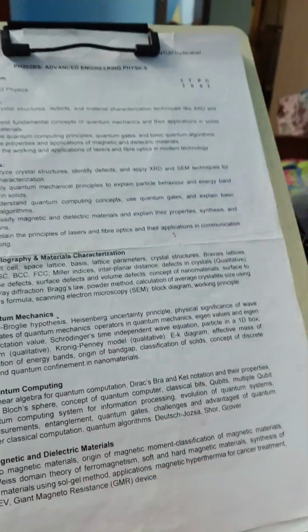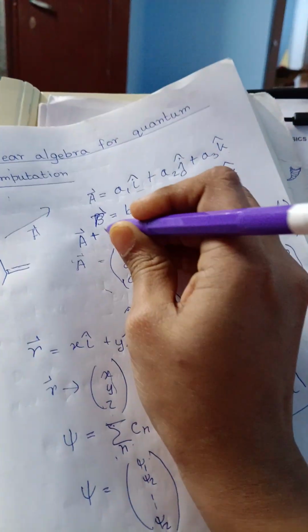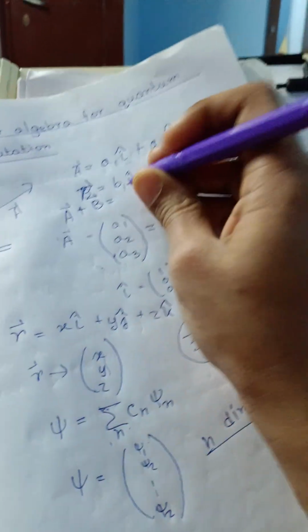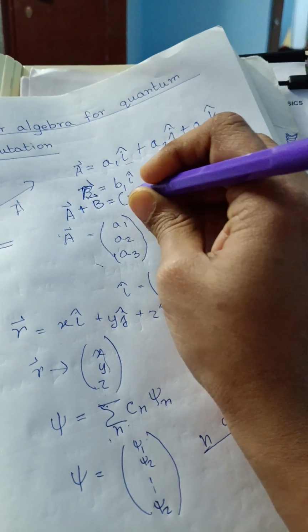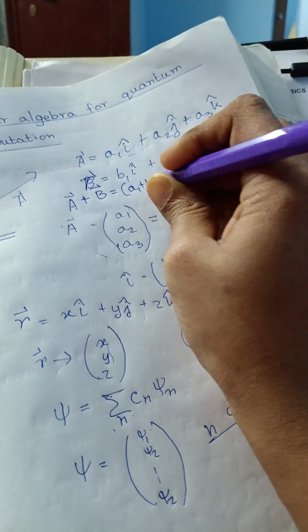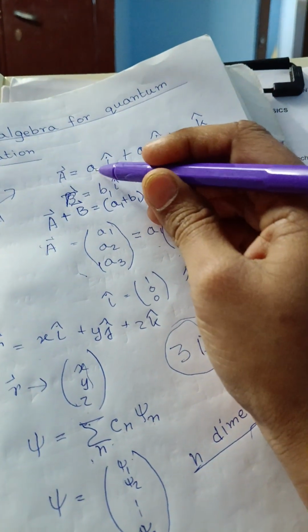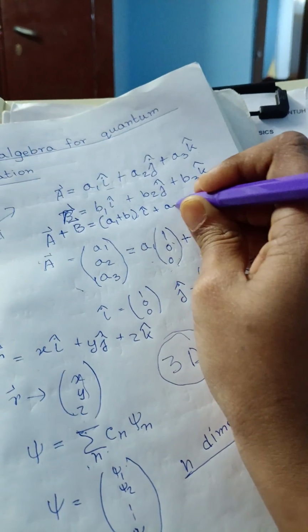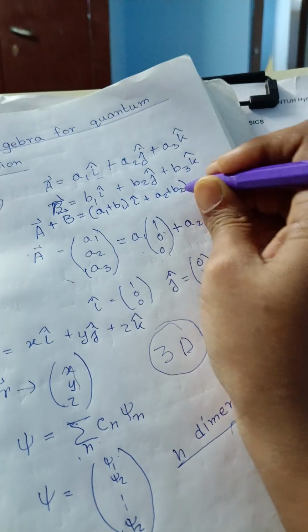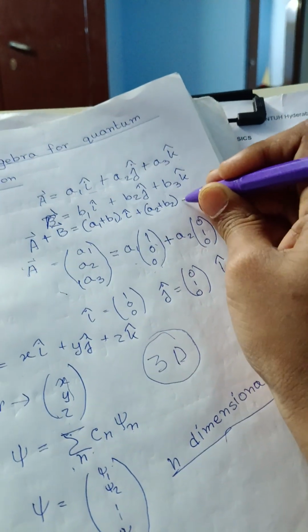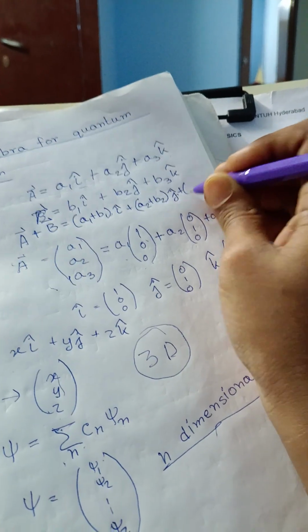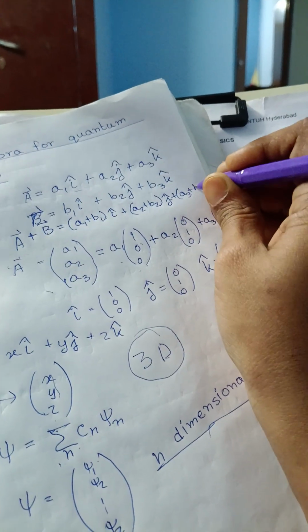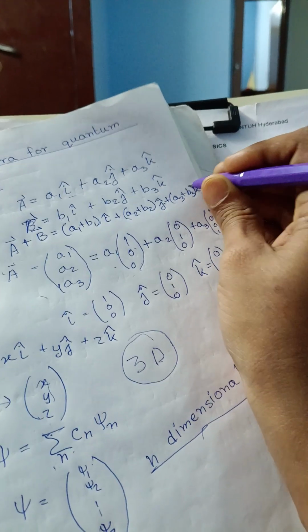So if we add a vector and b vector, what will be the result? What will be a vector plus b vector? You already know this, I think, vector addition you all know. A vector plus b vector will be (a1 plus b1) i cap plus (a2 plus b2) j cap plus (a3 plus b3) k cap.